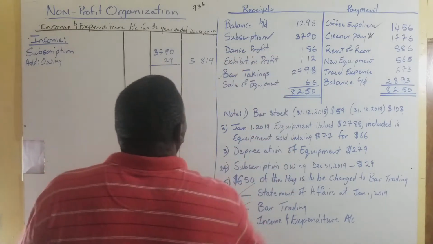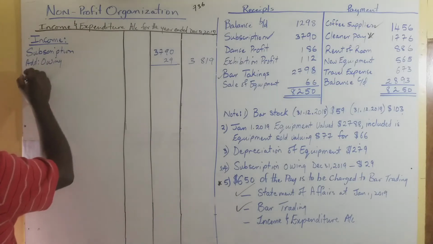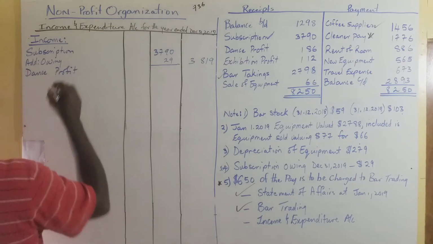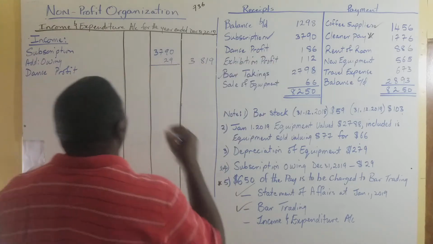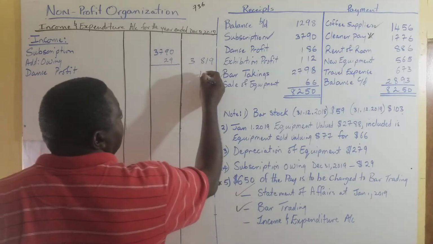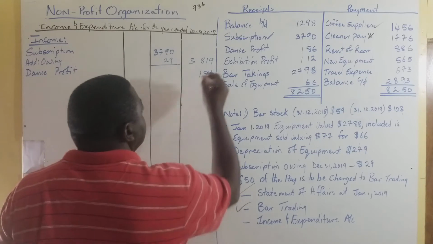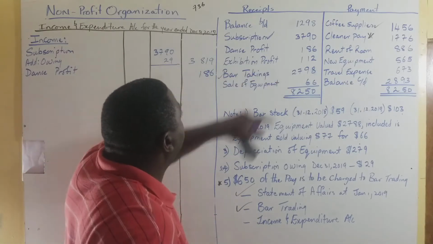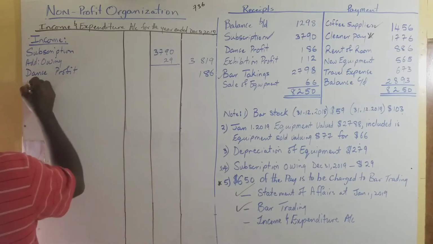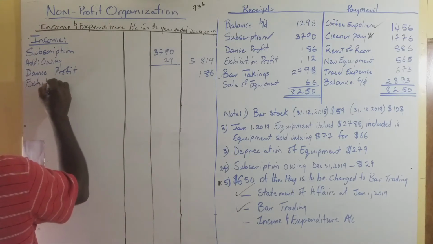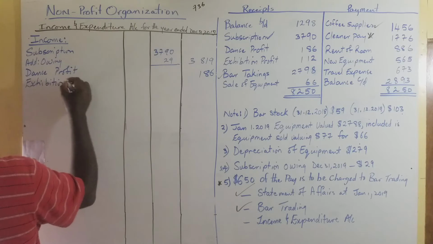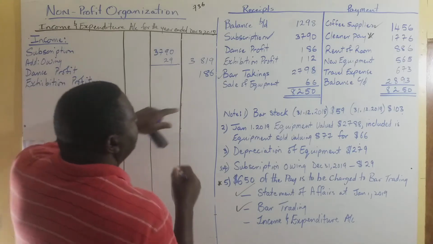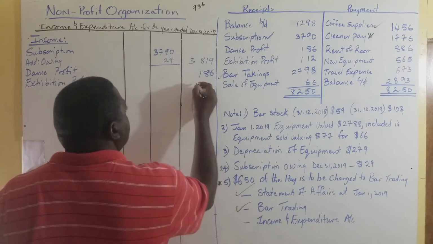Our next income will be dance profit, so we're going to enter that, and that amount is $186. There's no adjustment to that. We have exhibition profit, and the exhibition profit is $112.